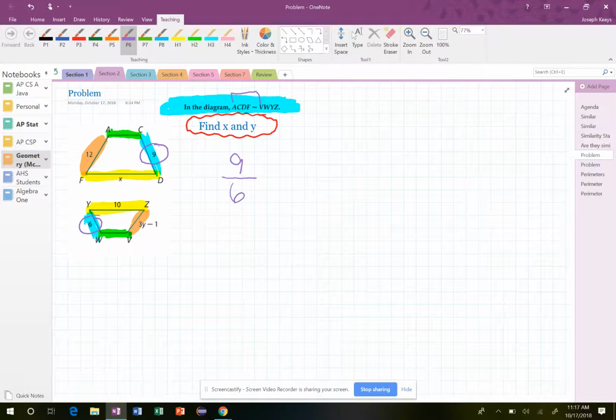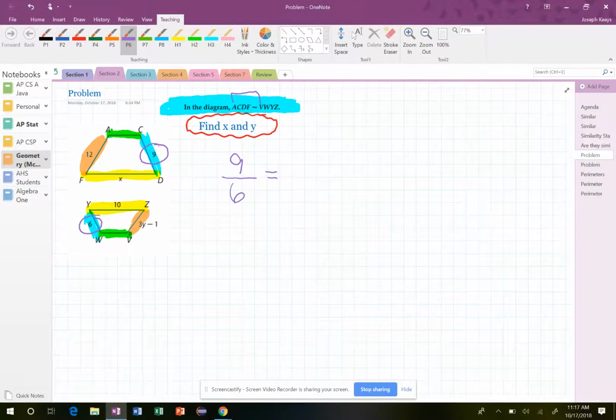And the green sides, shoot, I don't know anything about those. The brown orange color, well, I know 12, but I don't know that side. And the yellow team, notice I know 10, but not x. So I chose to write 9 over 6 because that's going to be my key to unlock all of the values to the other sides.